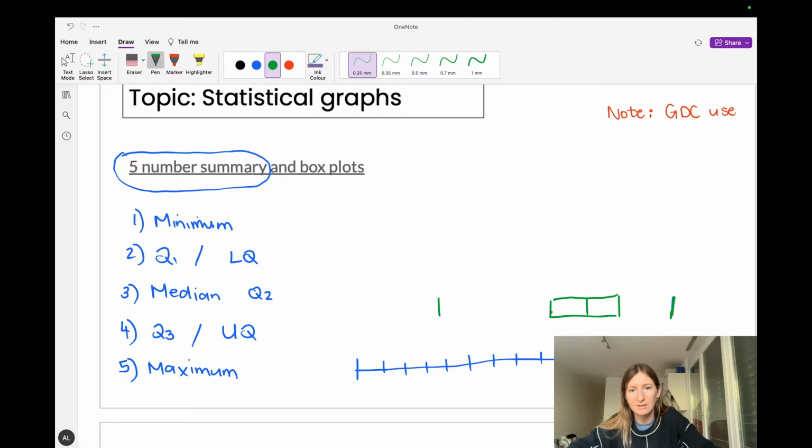Box, I'm just making this up, but just so you're getting an idea of how it's looking, please use a ruler. And that's how you would draw it from these values. So min, and this is also just information for when they ask you to read off of your box plot. And max.